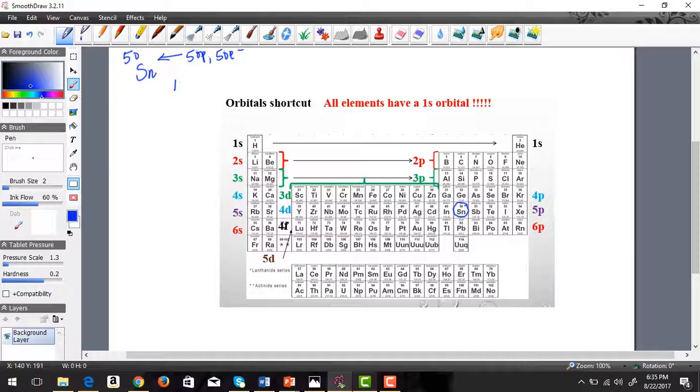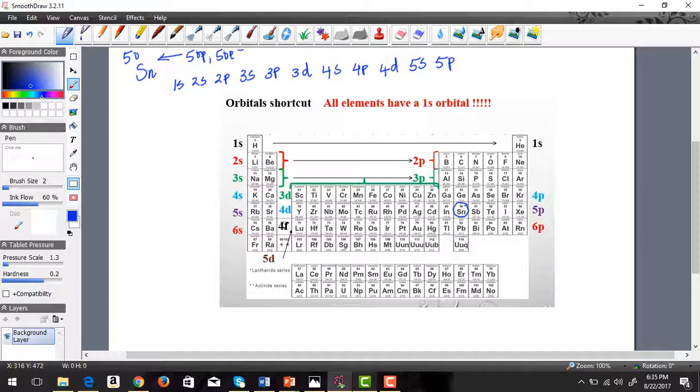You just have to keep switching until you pair the right elements. So 1s, 2s, 2p, 3s, 3p, and I believe we're going up to the 5th row, so we're going to have to include 3d, 4s, and then 4p, 4d, and 5s. And of course, tin is in the p block, so 5p also joins the party.